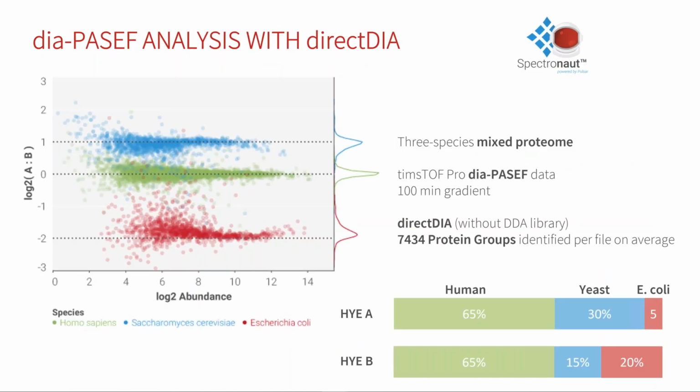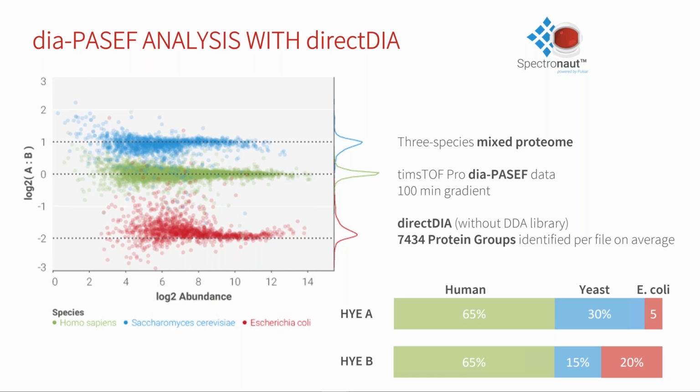And we also see good quantification results with dia-PASEF. So we see here data for a mixed proteome sample. There were 2 sample groups with different relative proportions of material from these 3 species, human, yeast and E. coli. And the expected fold changes between sample groups are shown by the dashed horizontal lines here.